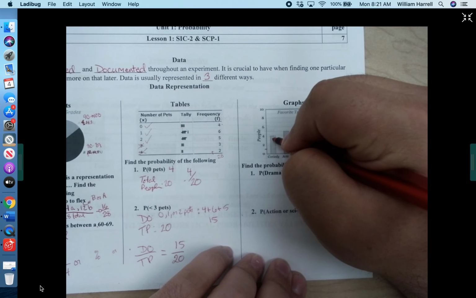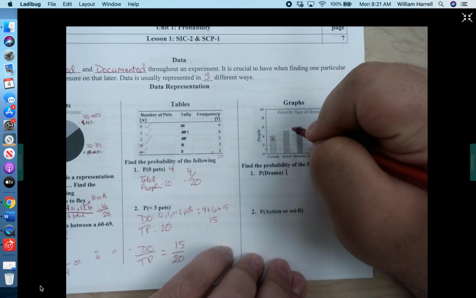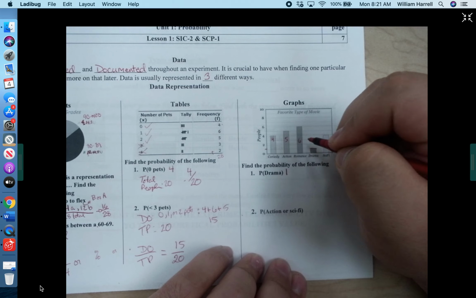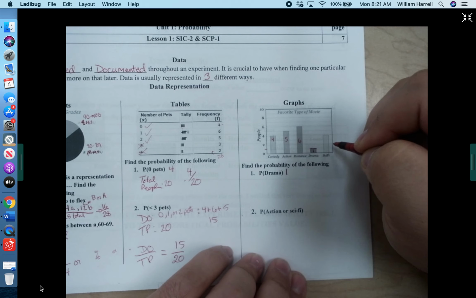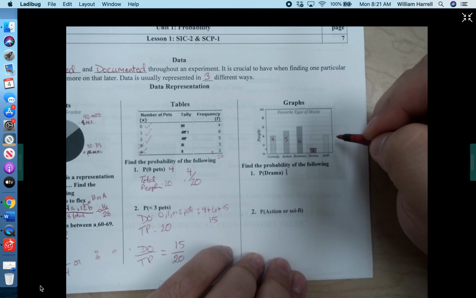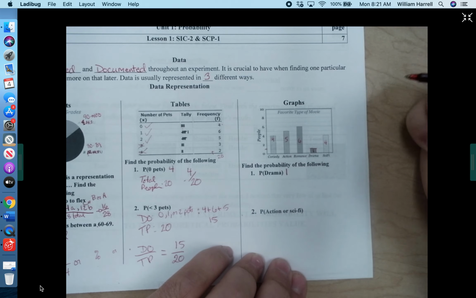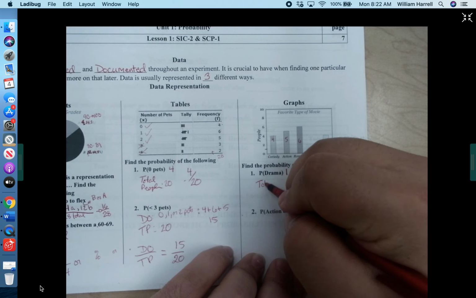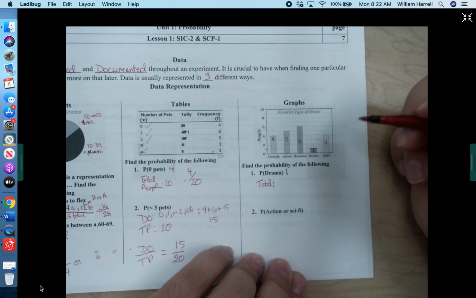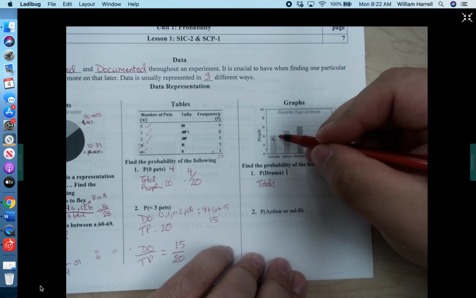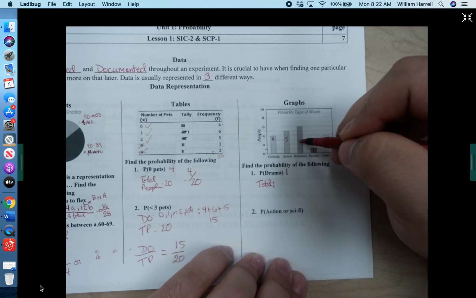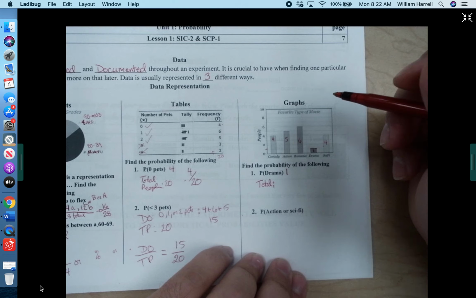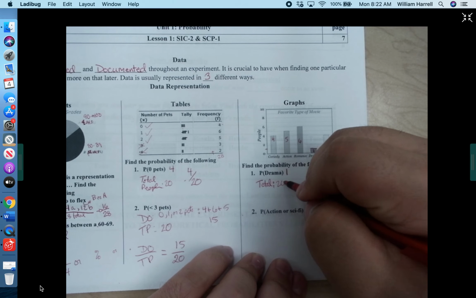Well, this is 4 people in comedy, 5 people in action, 6 people in romance, 1 in drama, and how many in sci-fi? It becomes 4. And so my total, I just add all of these up. 4 plus 5 is 9, plus 6 is 15, plus 1 is 16, plus 4 is 20.